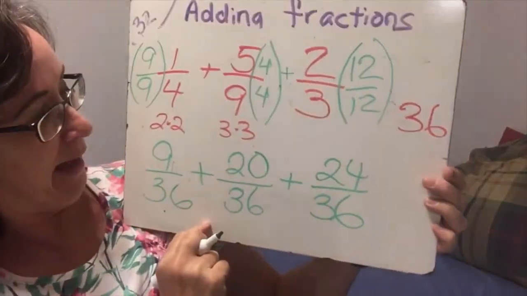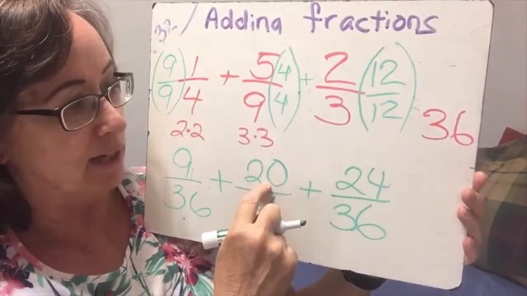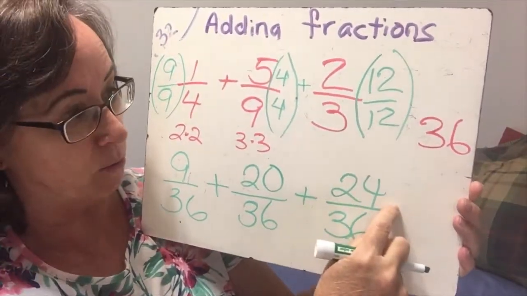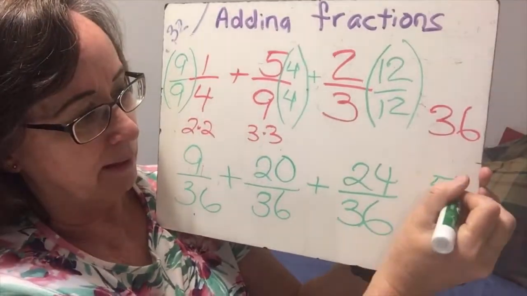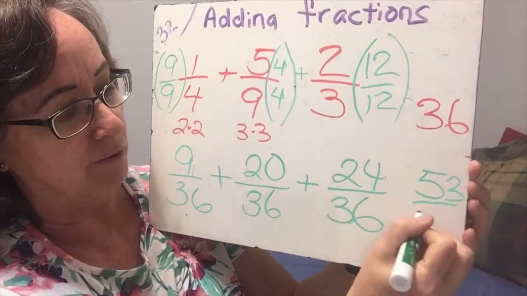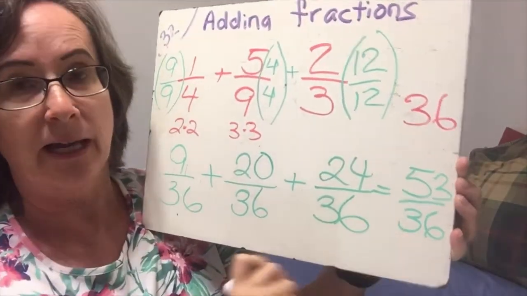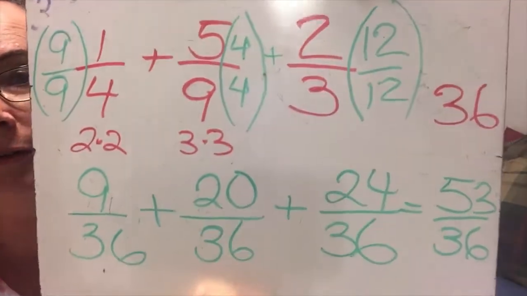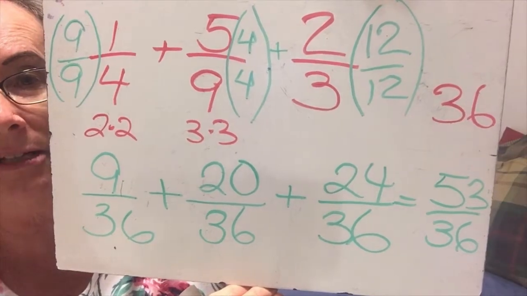So now I have 9 plus 20 is 29, and 29 plus 24 is going to be 53. 53 over 36. Remember, I keep this denominator, but 53 over 36 is not really the way that I should leave my final answer.